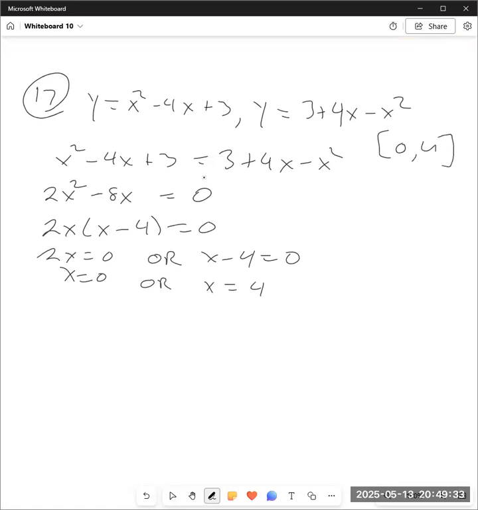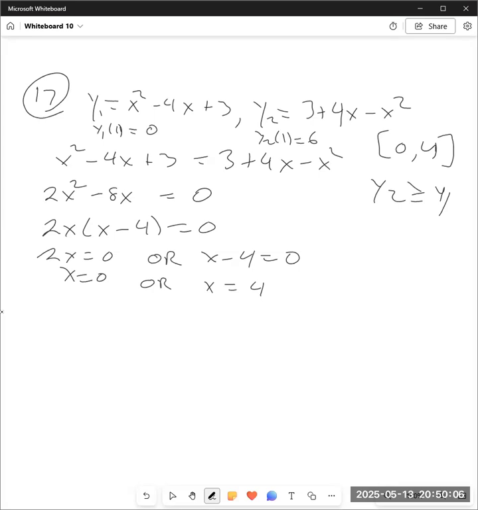If I stick in a number between 0 and 4, y1 at 1 is going to be 1 minus 4 is negative 3, plus 3 is 0. This y2 at 1 is going to be 7 minus 1 is 6. So y2 is greater than or equal to y1 everywhere on this interval.